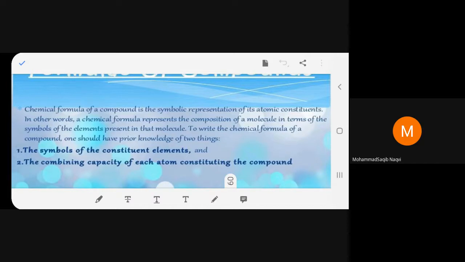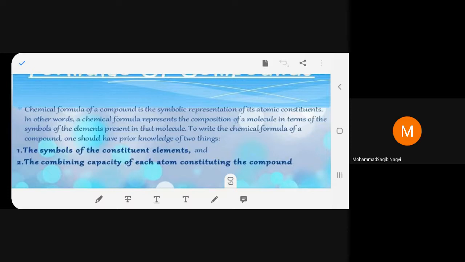So for writing the chemical formula of a compound, we should know two things. First of all, I've been telling you again and again, please learn the symbols of the elements. When we started this third chapter, I had asked you to start learning the symbols of the elements.